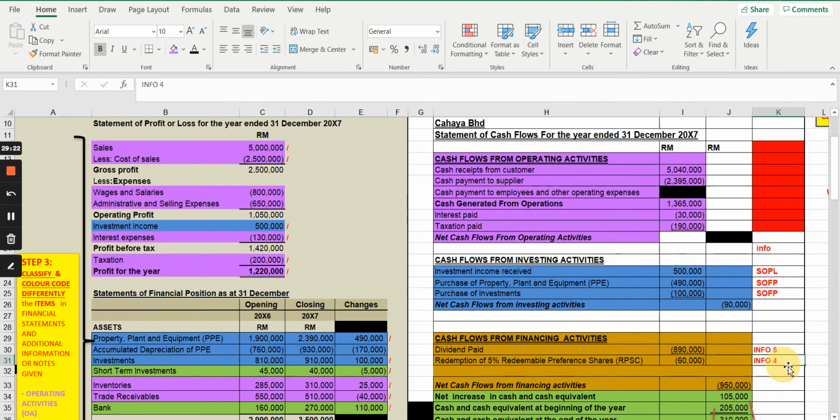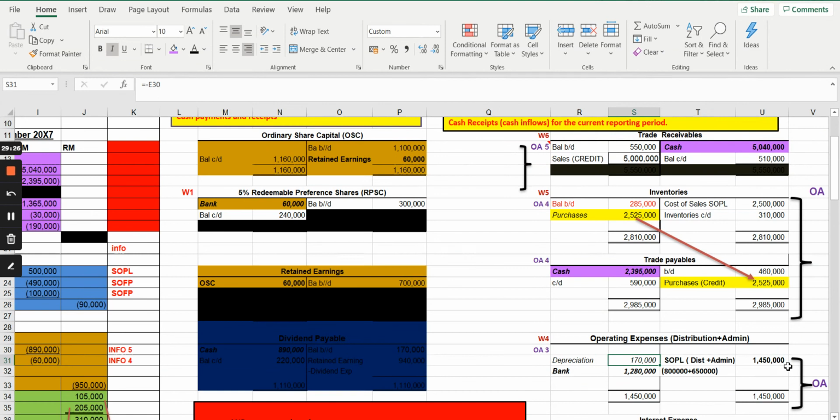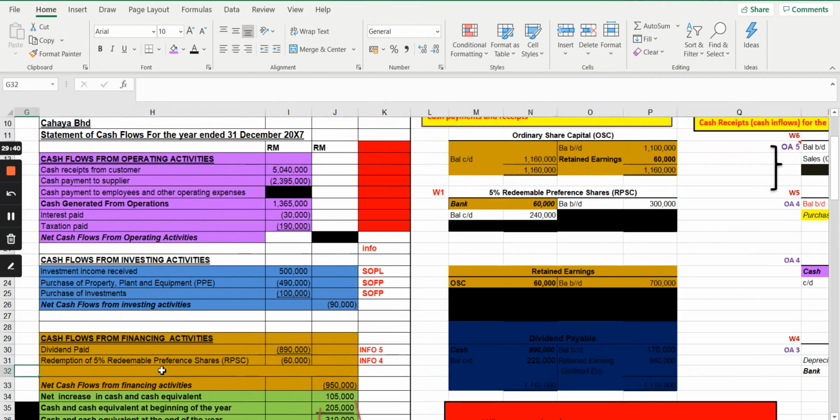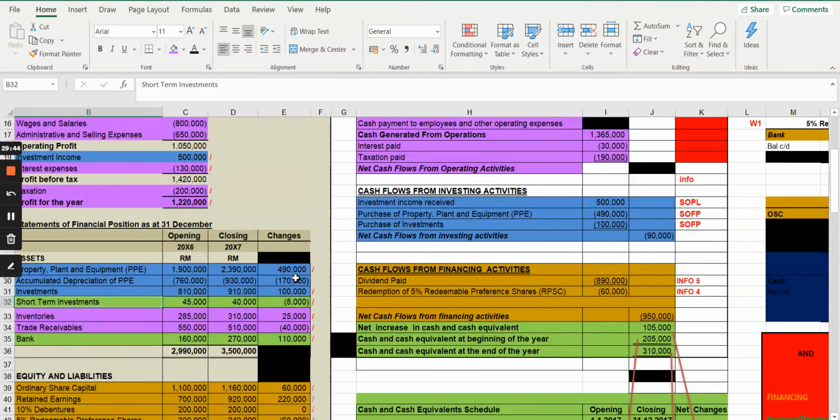So if you were to remove, right, first you go and put this here because it will be debited to the statement of profit or loss. So here means that in the statement of profit or loss, these are what being charged. So you're going to put the depreciation. Where do you get the depreciation? The one which is the different that we have done much earlier. This one, this item here.